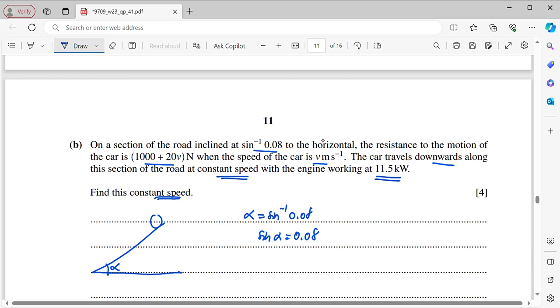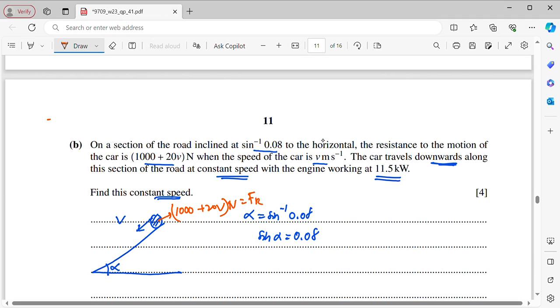Again, here is the car. Okay, it's mentioned that it's downwards. So this is the V. So the frictional force, it will be 1000 plus 20 V. This is your FR.